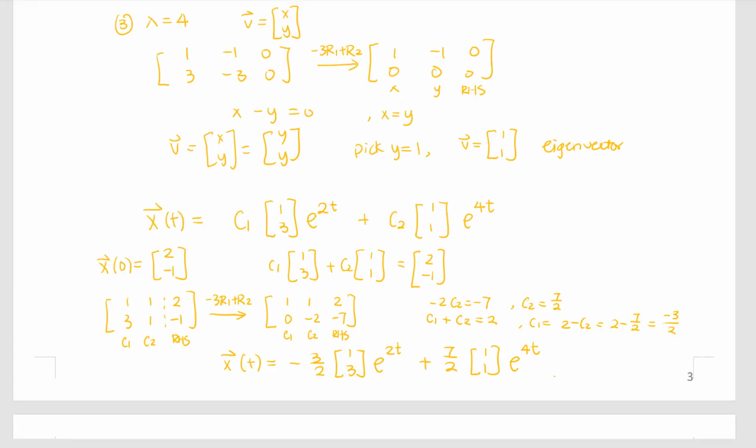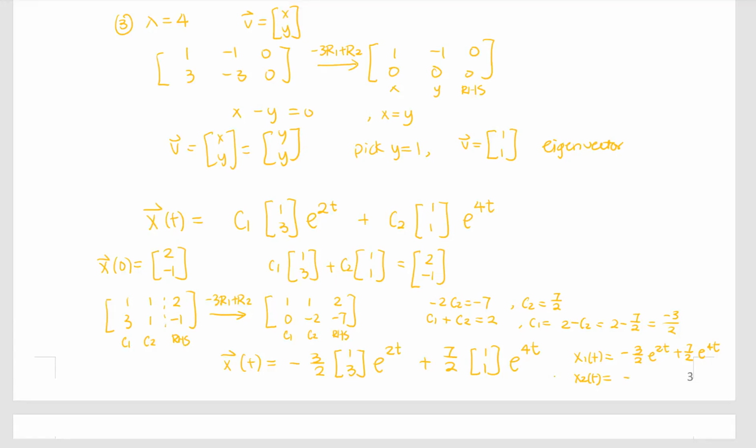Well, you might ask, then what is x1? What is x2? Well, this is the same as saying x1 of t is, you look at the first row, okay? So we get negative 3 over 2 e to the 2t plus 7 over 2 e to the 4t. And x2 of t is, you look at the second row.